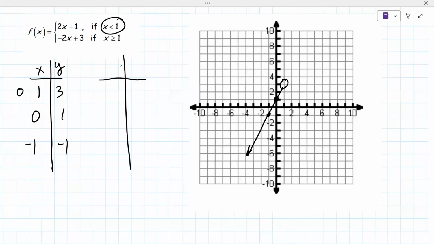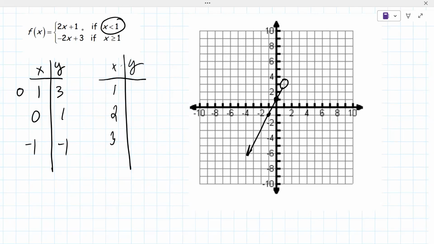All right, now the other one also starts at 1, but this time it's for bigger values. So that's where you put those back into the function.